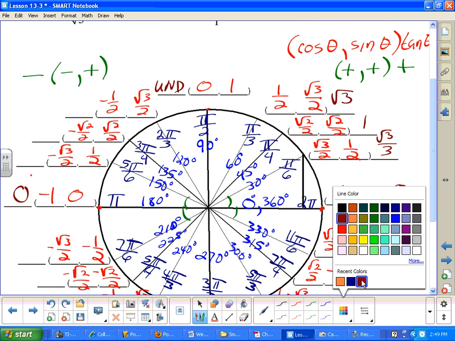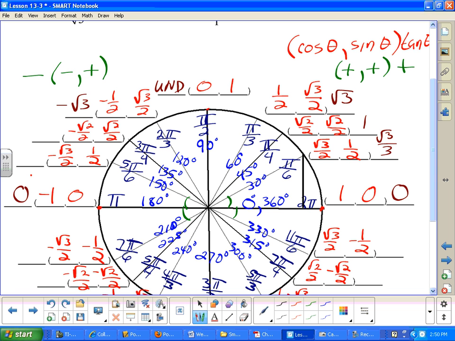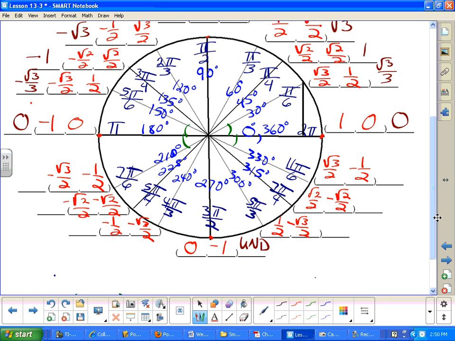So in the second quadrant, the sign of tangent is negative: negative square root of 3, negative 1, negative square root of 3 over 3. And they stay together. Third quadrant, positive square root of 3 over 3, because tangent is positive in the third quadrant.